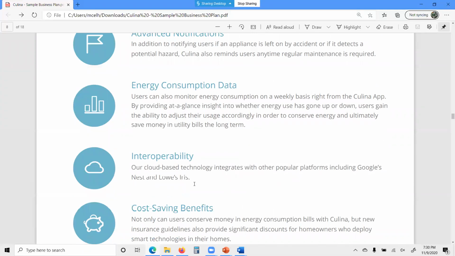So they do mention that there was a Google Nest at that time. And this was something called the Lowe's Iris. I've never heard of that. I don't think Alexa had come out yet. So you could also use it with your smart speakers in your house.